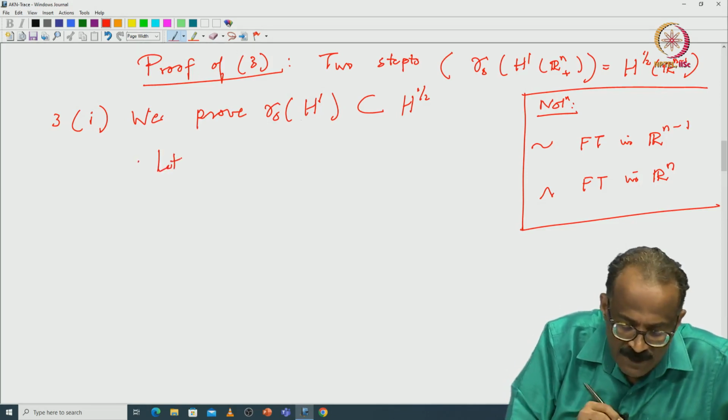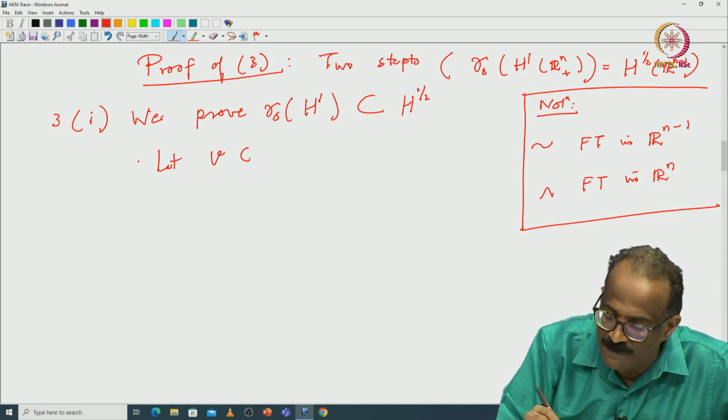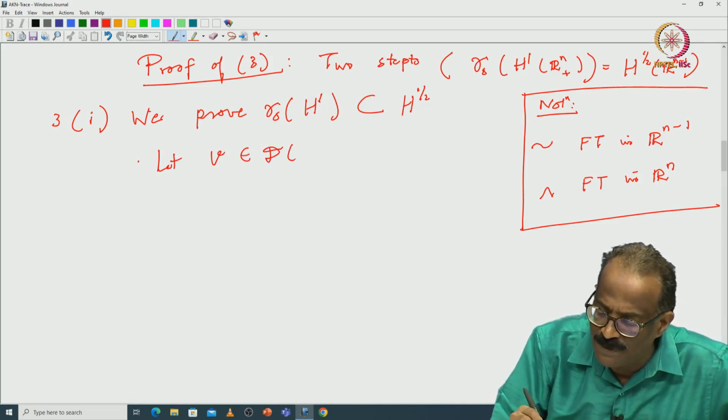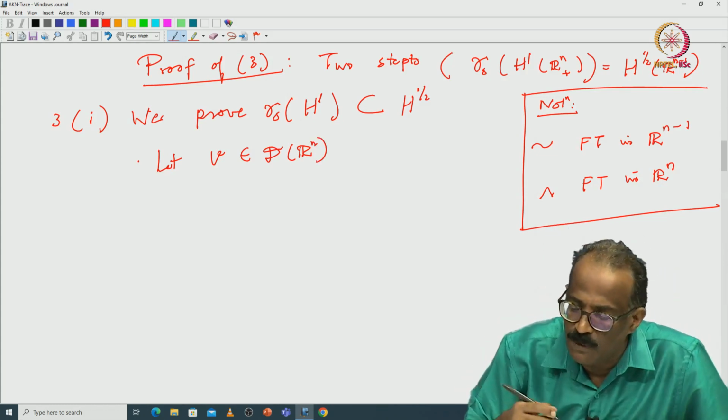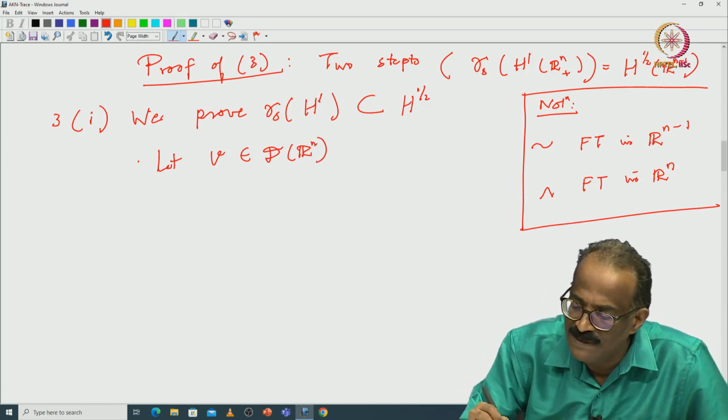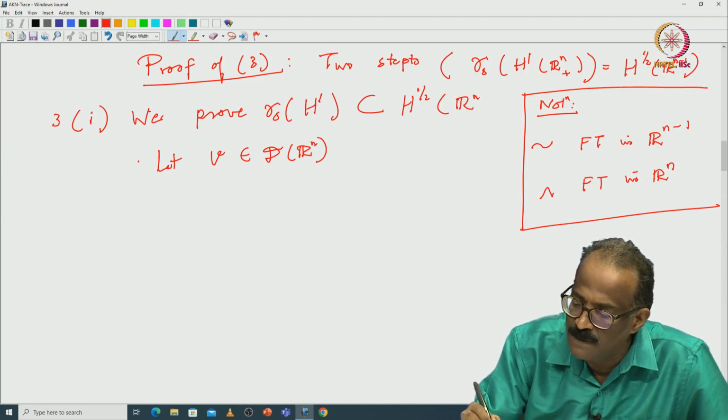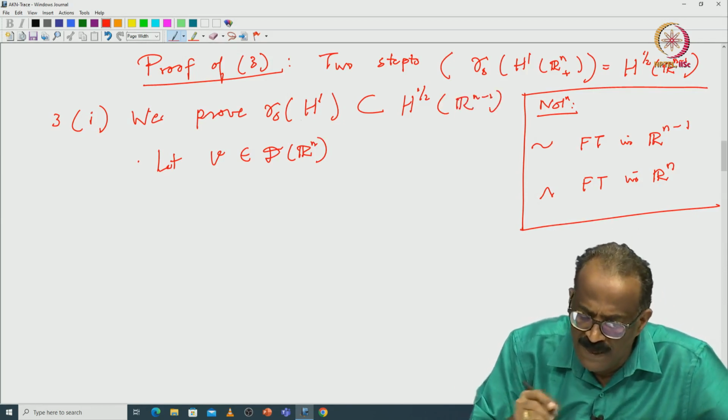Okay. So, we define the restriction. So, again we start with the D(Rn) function. So, always to prove this, because of the density. Okay. And then by closedness and density, you will get all of H half of Rn minus 1. So, V is in D(Rn).